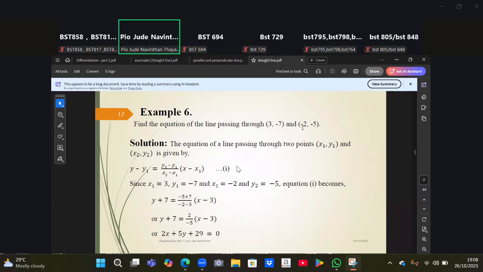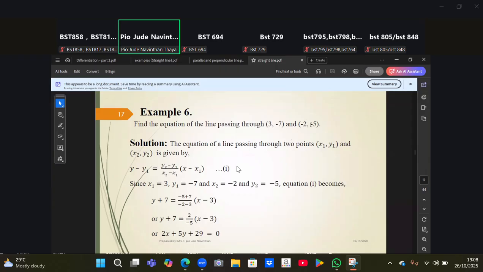Right? So the same case is given: 3 comma minus 7 and minus 2 comma minus 5. Very complicated points, right? There are 3 minus signs. Minus 7, minus 2, minus 5. Right? If all the values are positive, wow, super, we can do.